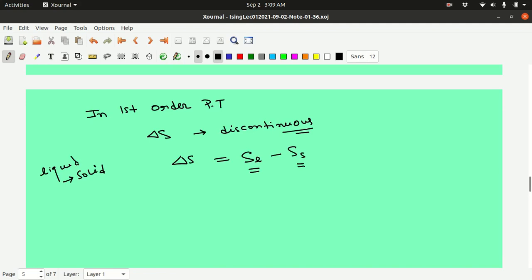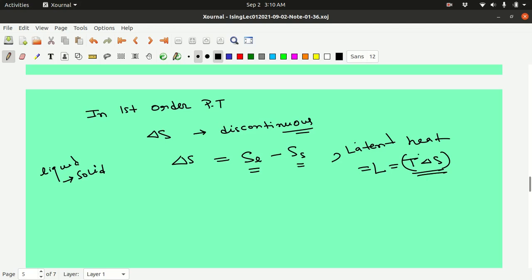The entropy in the liquid state will be more than in the solid state, because in the solid state the system is ordered and in the liquid state the system is disordered. More disordered means more entropy, that's why the entropy of the liquid state will be higher. And the latent heat is L equal to T into delta S. So there will be this quantity associated with a first order phase transition.